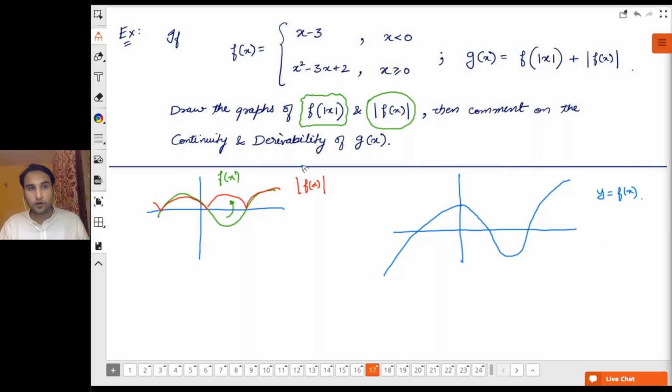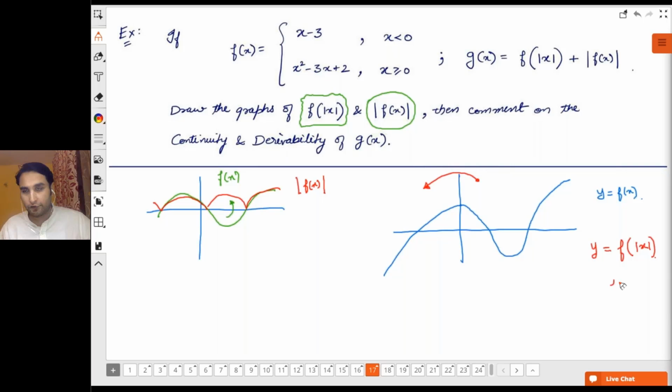Now, whenever you do y is equal to f of mod x, remember, whatever was happening on the positive side of the x-axis will now also happen on the negative side of the x-axis. Why?